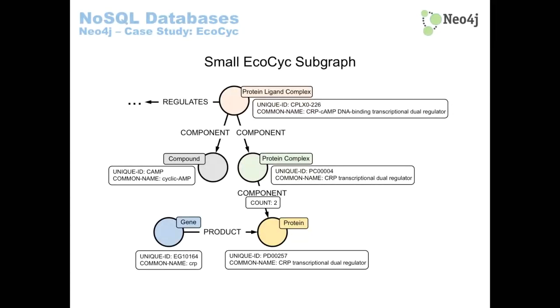This protein is a component of this protein complex, and the component link has a property that tells us how many of this protein is part of this complex. This protein complex is a part of the protein ligand complex, and the other component is this compound, the cyclic AMP. And so just an idea of how you can go from this tabular information to a graph database.